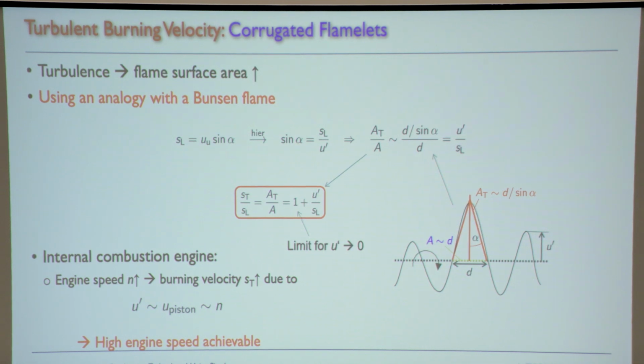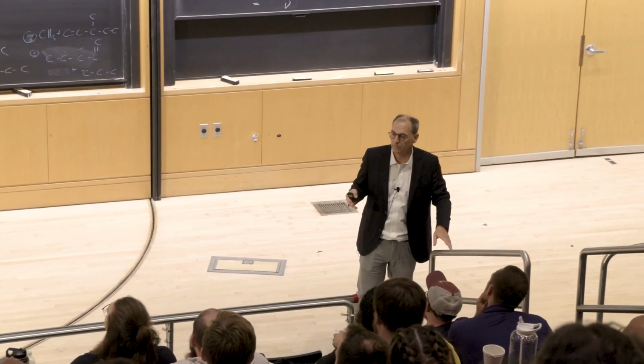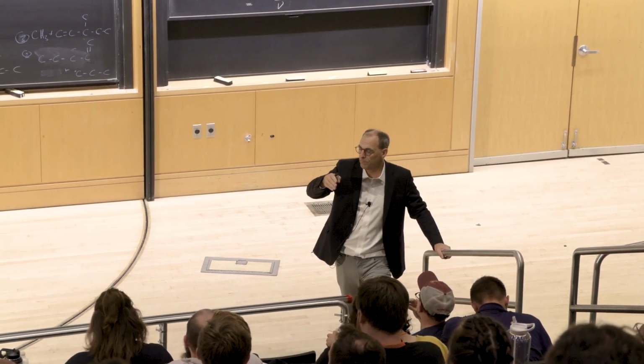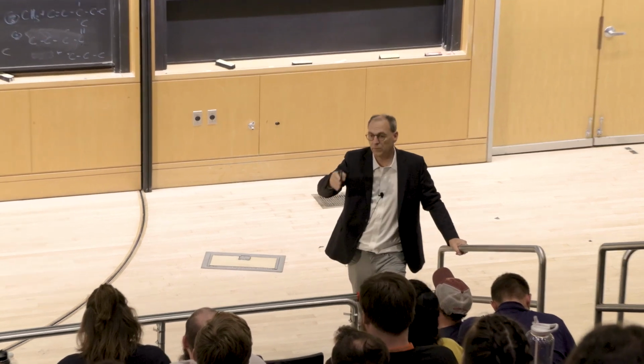And that's interesting because it shows why internal combustion engines work. If you think of a spark ignition engine, you can run the spark ignition engine at 500 RPM. You can also run it at 10,000 RPM, okay? Somehow it still works.